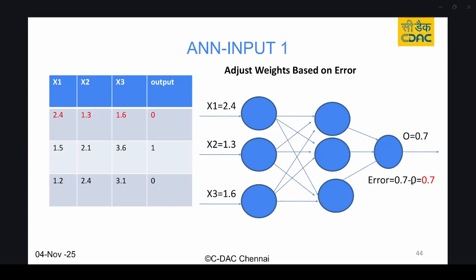Error is minimized means instead of 0.7, I should get 0. So how can we minimize this error? We have to adjust the weights associated with each of these connections. Because we are taking sigma xi wi, by adjusting the values of weights, we can adjust the output.